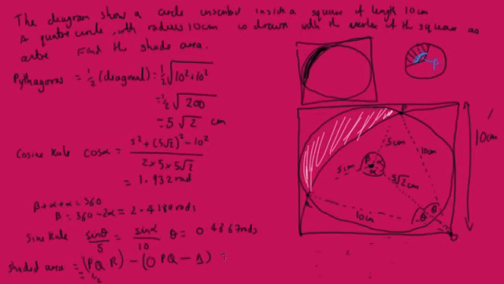So the area of sector equals half theta r squared. So we'll get half times beta, because it's this angle, times 5 squared. So that's this angle.